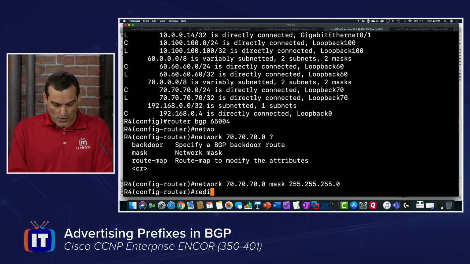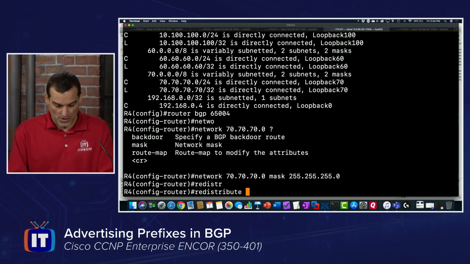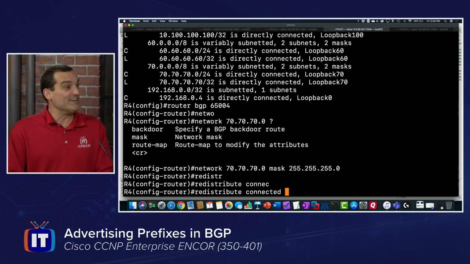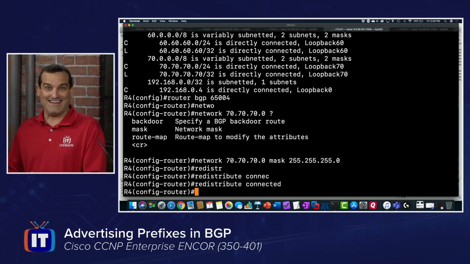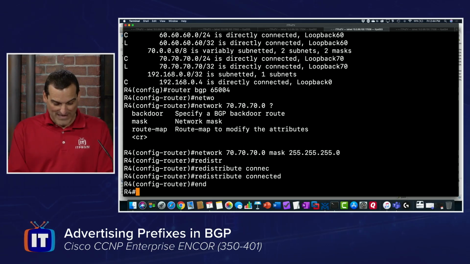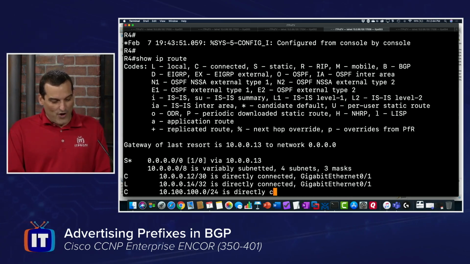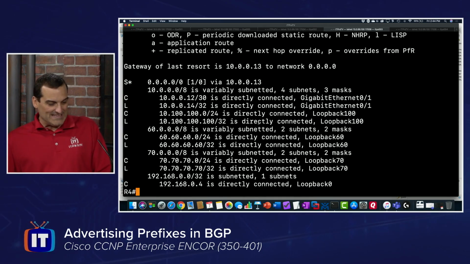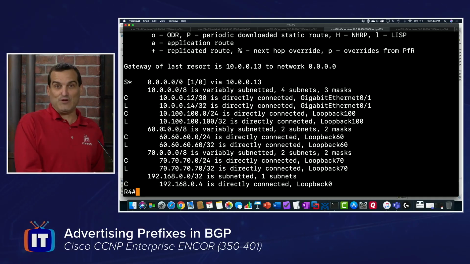I'm going to say redistribute into BGP all of your connected interfaces. That's it. Redistribute connected. So if we look at the routing table here, show IP route, we have all of these many connected interfaces, and they all just got redistributed into Border Gateway Protocol.